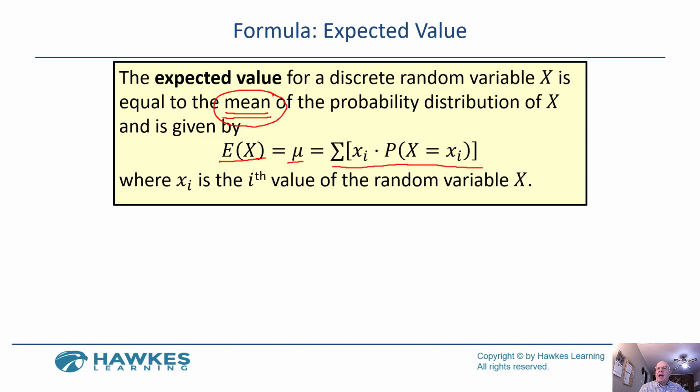You multiply every possible outcome times that outcome's probability, get all those products, and then add them up.